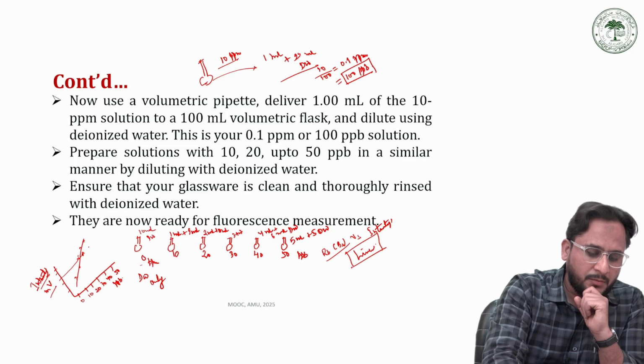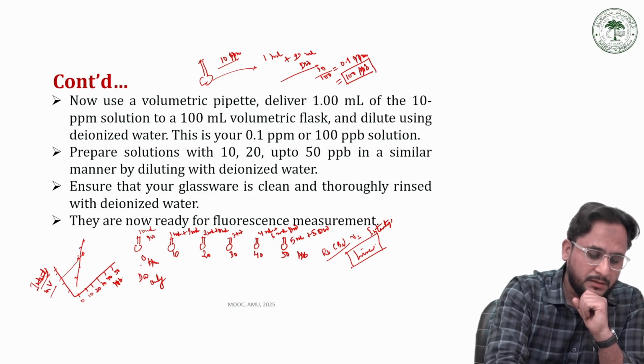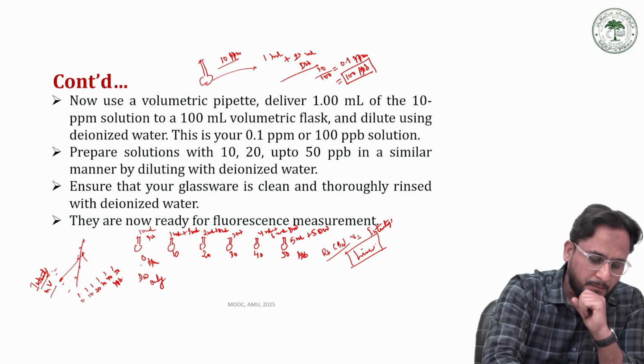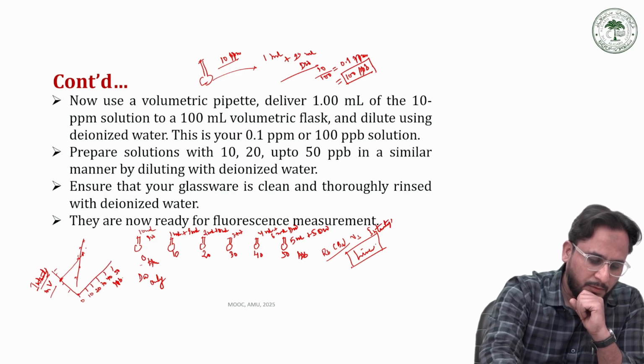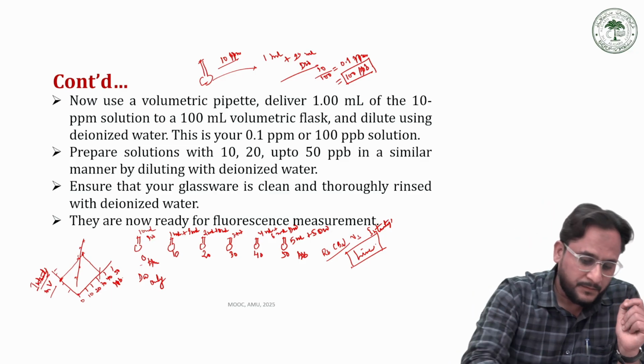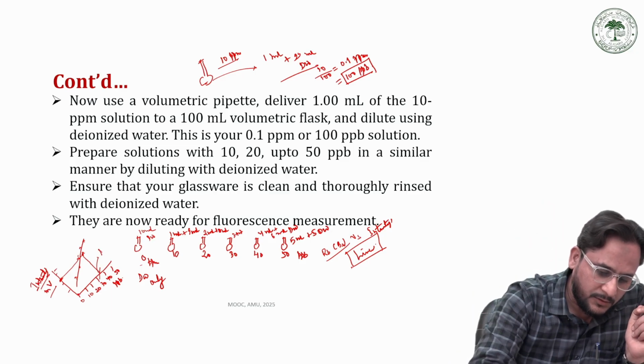Now we draw a perpendicular to the y-axis because the signal falls here, and then we draw a perpendicular to the x-axis just to know the point at which it cuts the x-axis, and the point at which this perpendicular cuts the x-axis is the concentration of analyte in the sample.